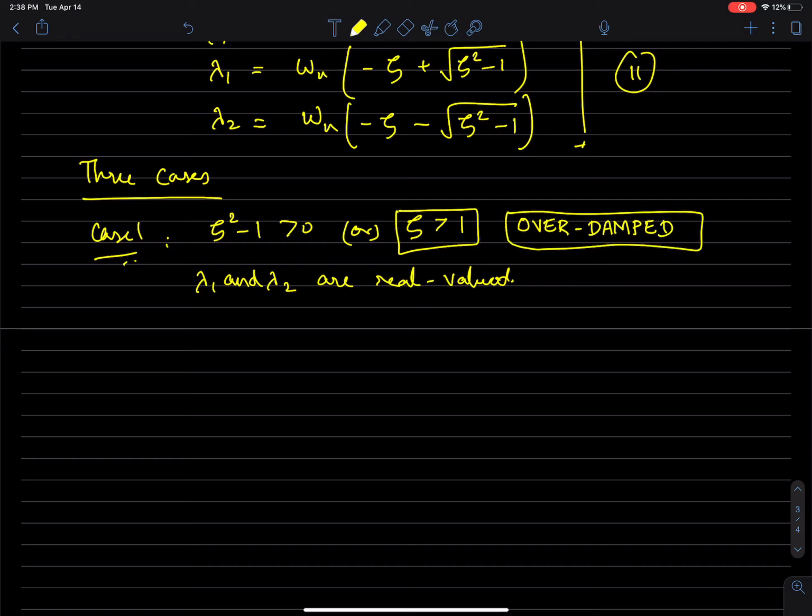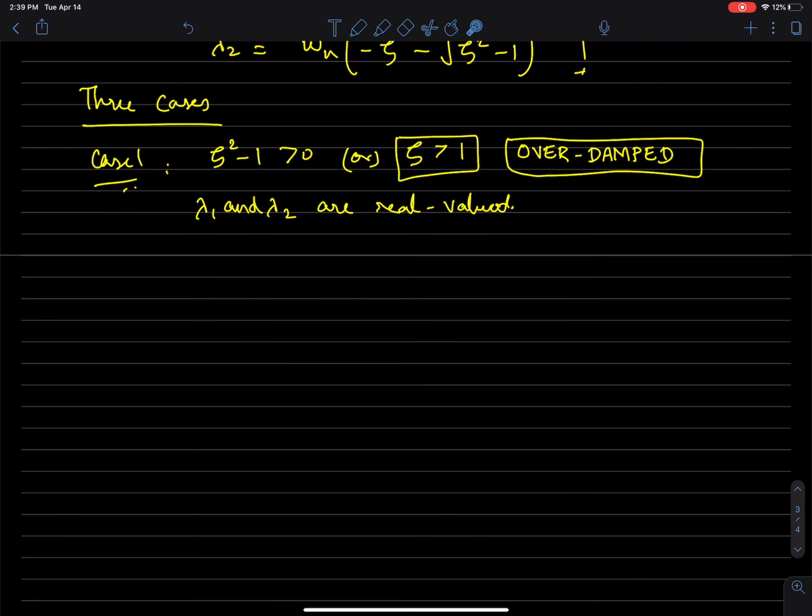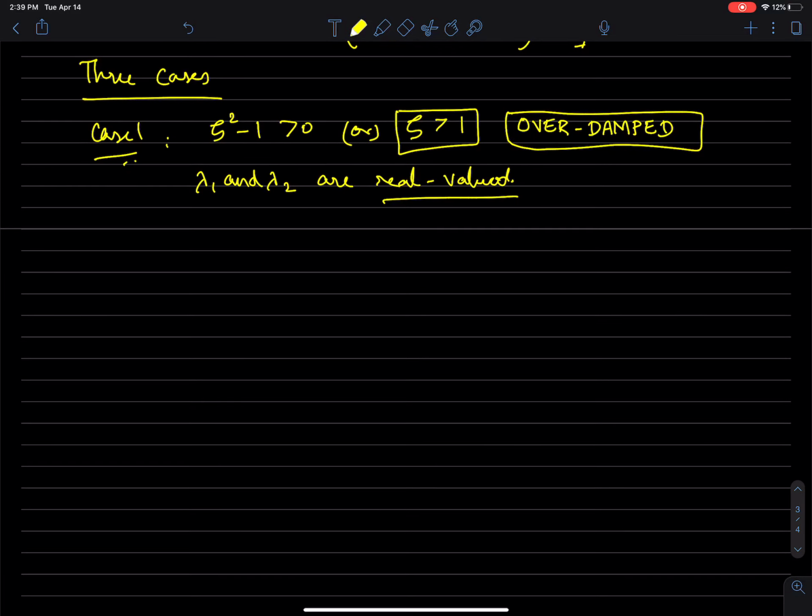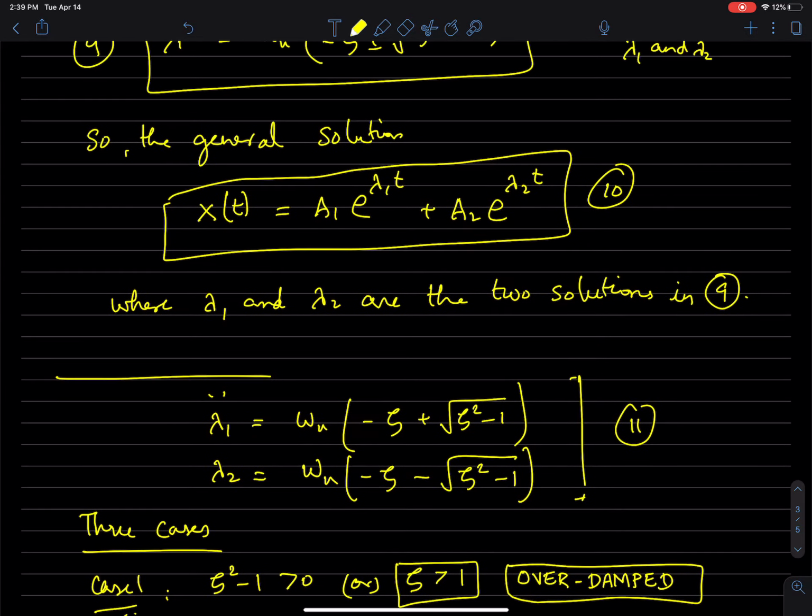So when zeta is greater than 1, zeta square is going to be greater than 1, and the thing inside the square root is greater than 0. Therefore, this is real valued, this is real valued. Both real valued roots imply the solution is still the same as what we had before, no change necessary.